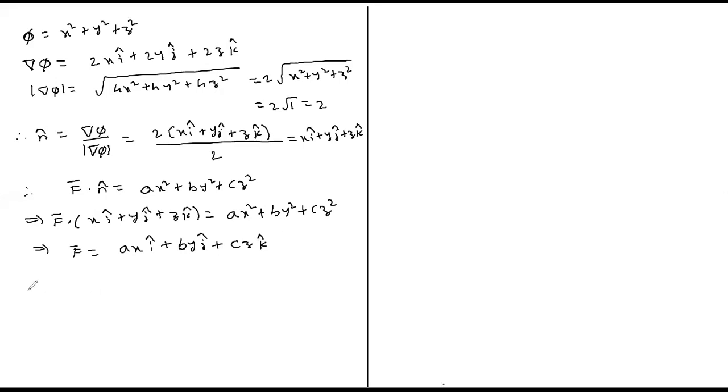So once you have f bar, what is the value of the surface integral f bar dot n bar ds that we want? I can now apply the divergence theorem, del dot f bar dv, because S is a closed surface.